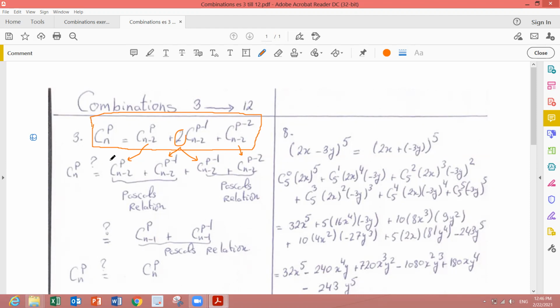Now, we look at the first 2. Here we have the sum of 2 combinations, with the same bottom, n minus 2, n minus 2, and the upper numbers differ by 1.